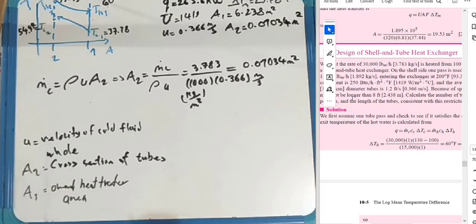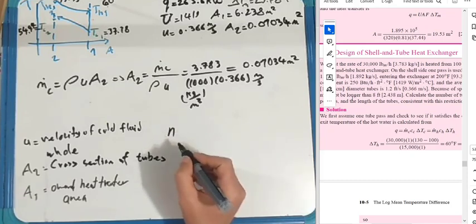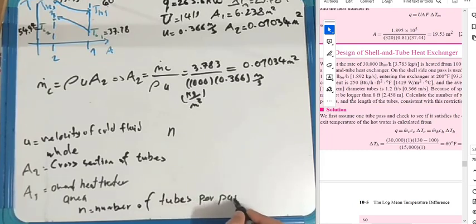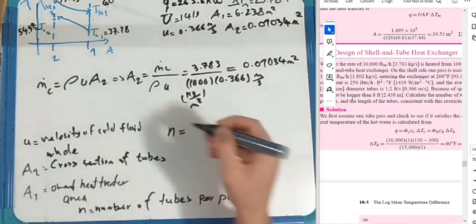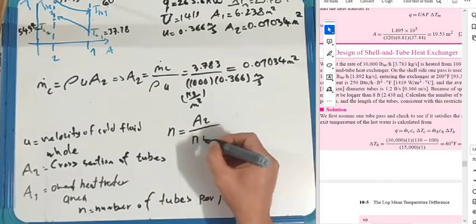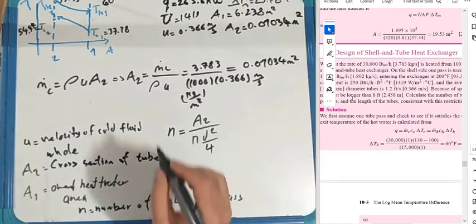But we should calculate pi D. First I need to know N. N is the number of tubes per pass. I can use it from here. If I divide A2 by pi D squared divided by 4, what is D?